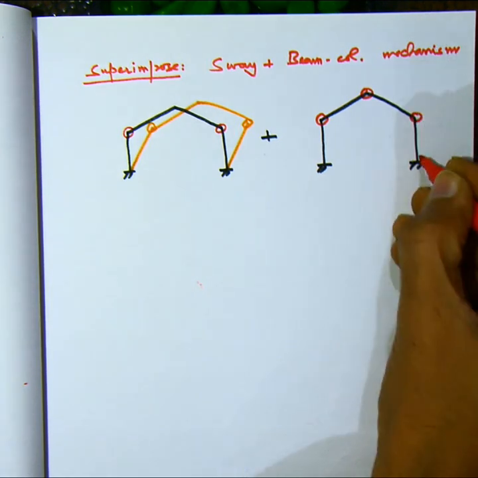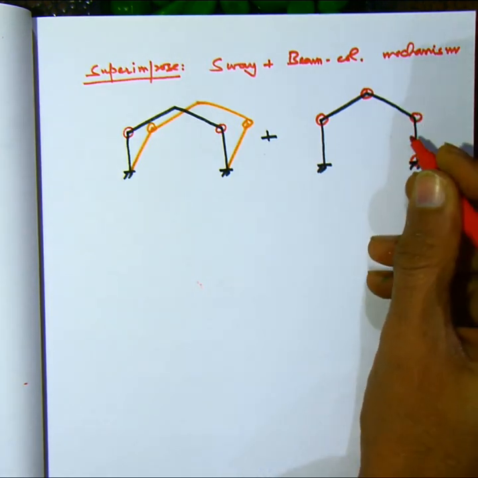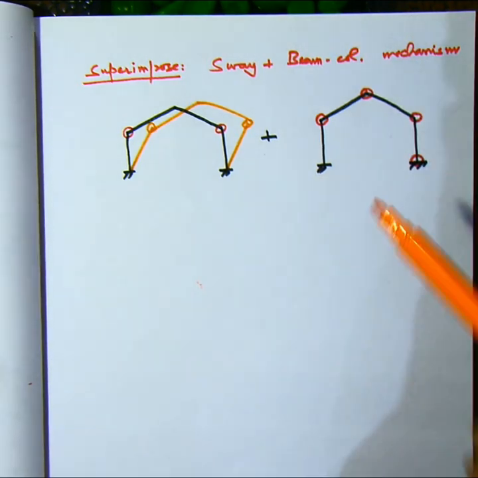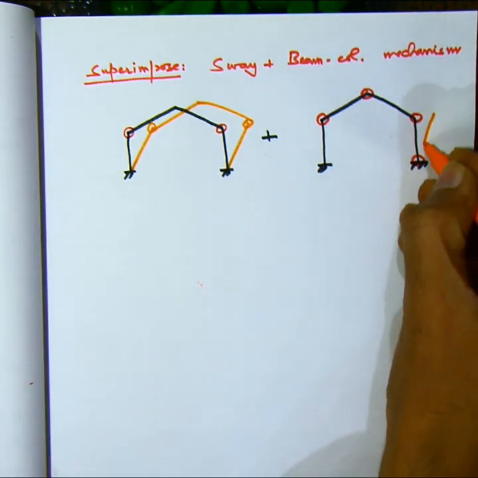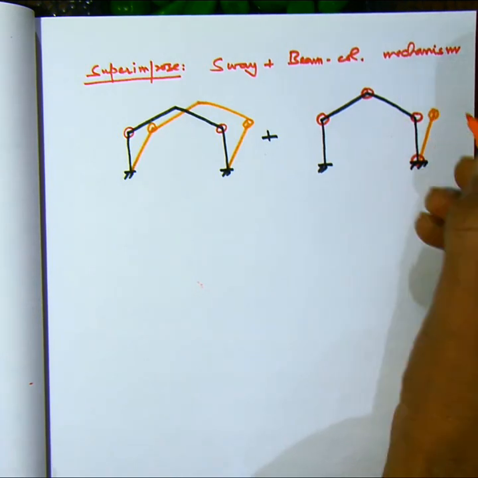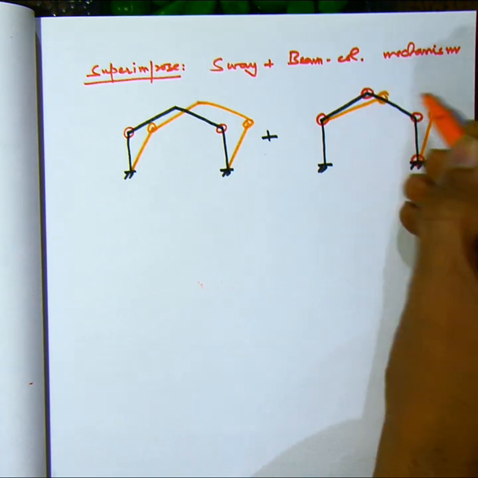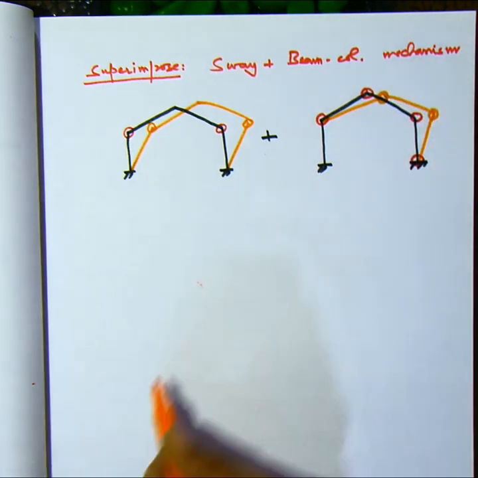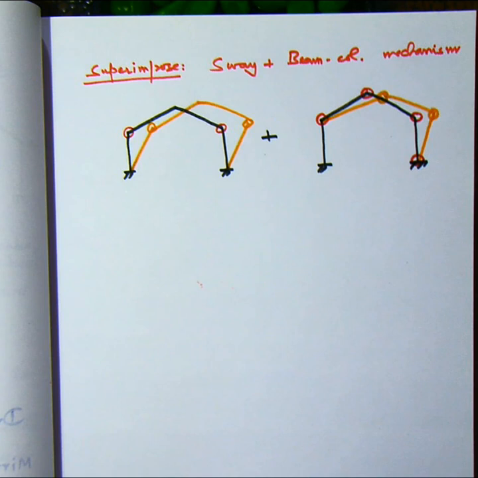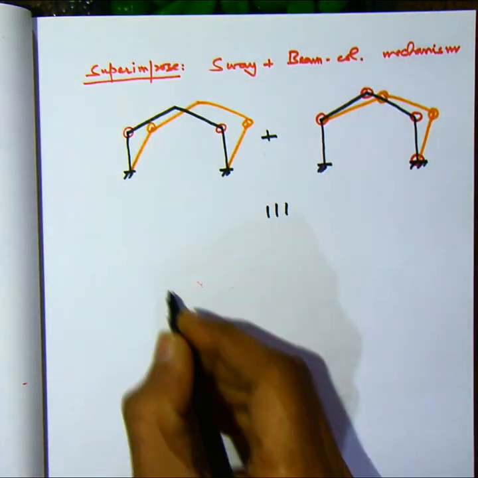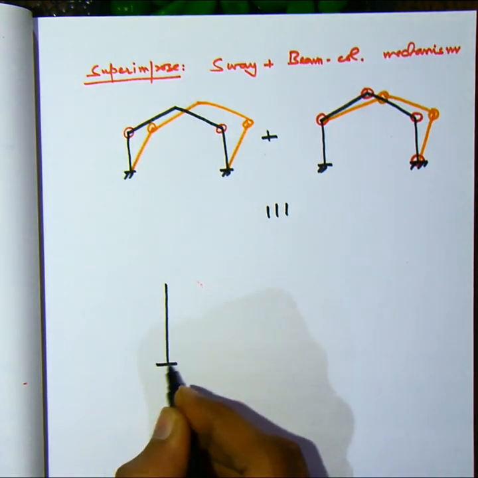So remember, in the case of the sway mechanism, the crown does not have a hinge, and now we have the beam column mechanism, and you have to superimpose and also check whether there is any hinge cancellation. So now you try to superimpose them, and will there be any hinge cancellation?